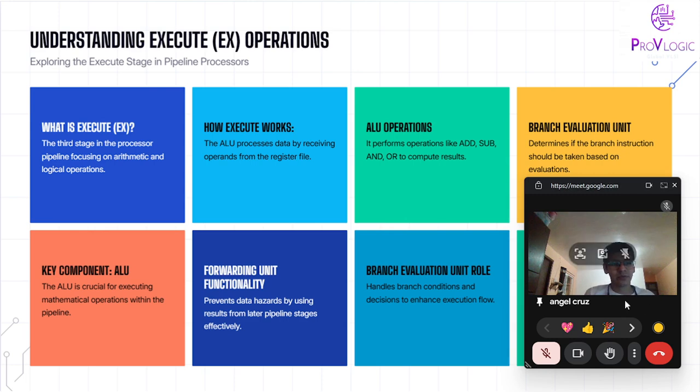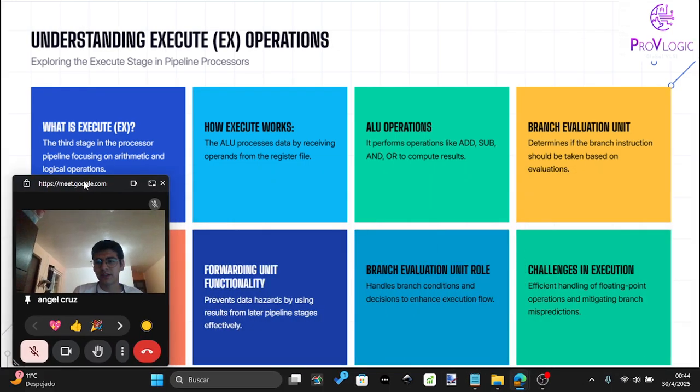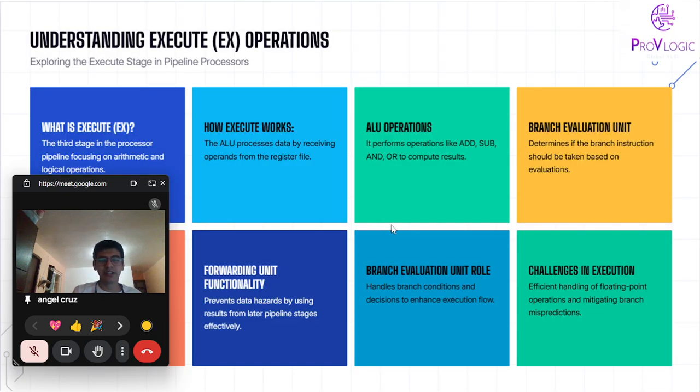I'm going to move my page here just to tell more about challenges that may be encountered during the execution of this stage, which could be the handling of floating point operations and mitigating branch mispredictions.